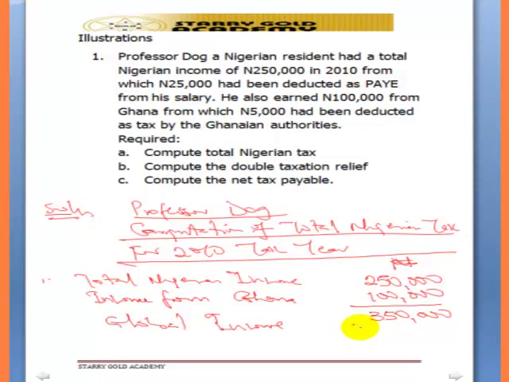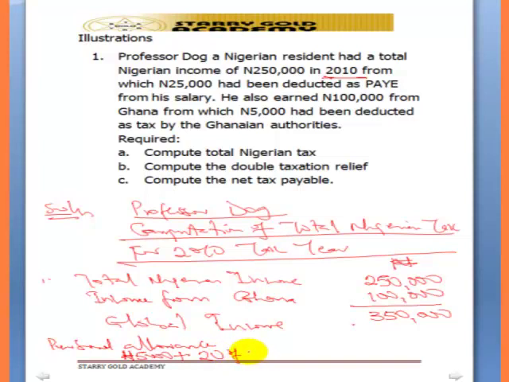Since Professor Dog is a Nigerian resident, he will be entitled to a relief, and now that we are talking about 2010, it will not be subject to consolidated relief. So we have the global income, then relief, personal allowance, and the personal allowance as at that time is 5,000 naira plus 20% of earned income.